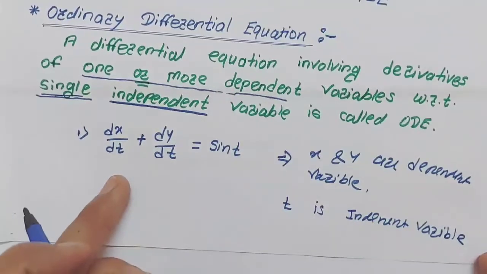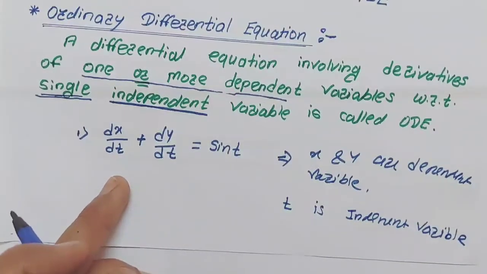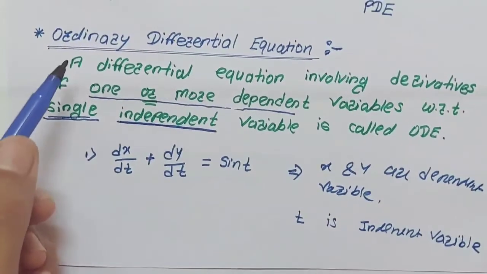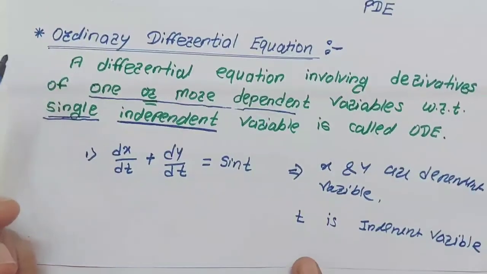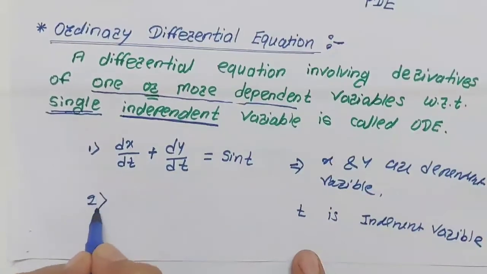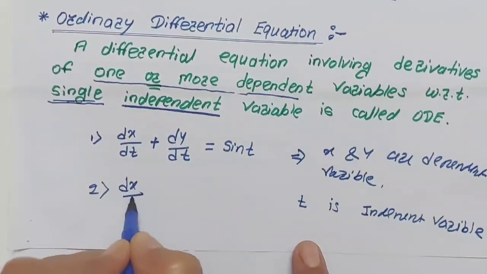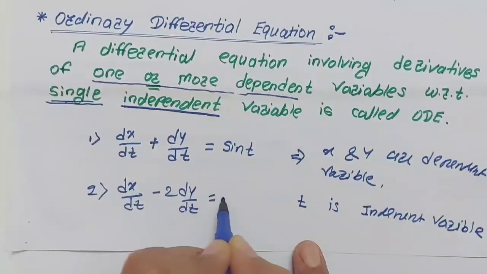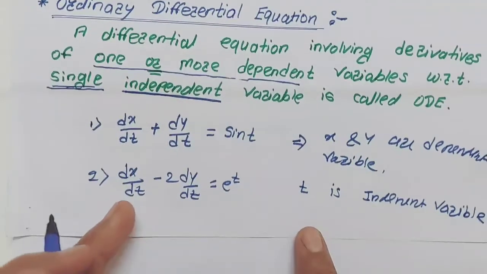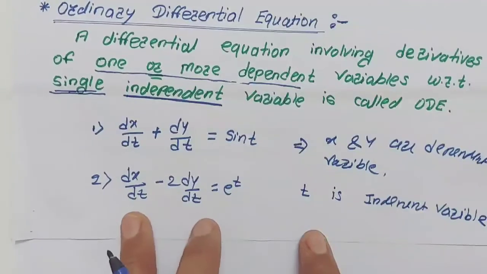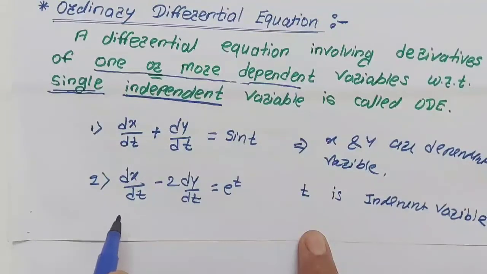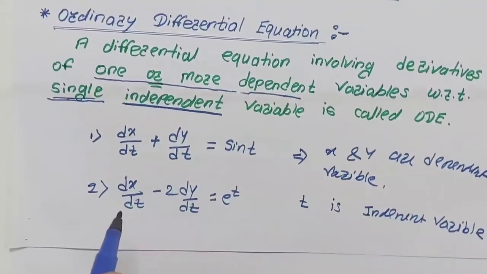So in this example, it contains two dependent variables but a single independent variable, so this is an example of an ordinary differential equation. In the same way, if we take another example, dx by dt minus twice dy by dt equals e raised to the power t, here again it contains two dependent variables and a single independent variable. So this is also an example of an ordinary differential equation.